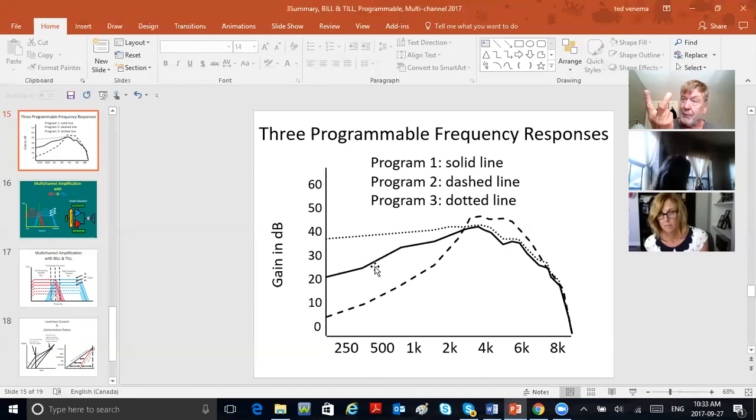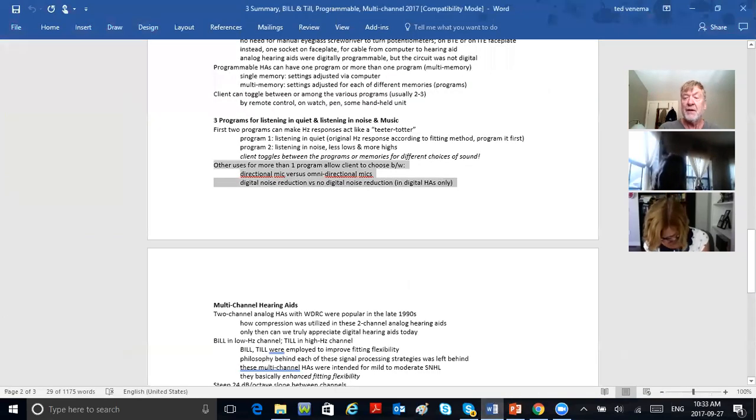And when you go to program 2 for listening in noise, you've got a reduction of bass, a slight increase of treble, plus your hearing aids automatically went into directionality, and they're using digital noise reduction now. Maybe. It's all what you decided to do.